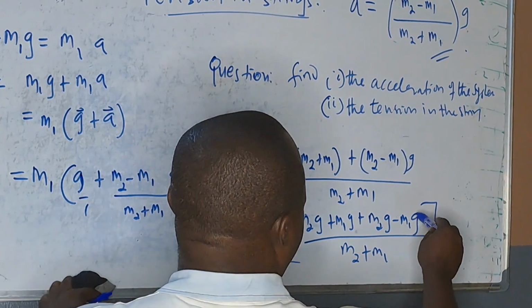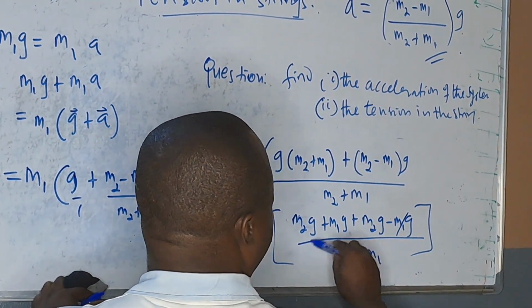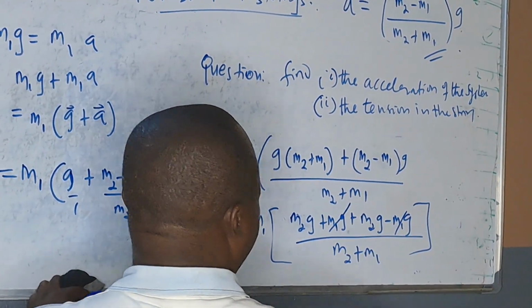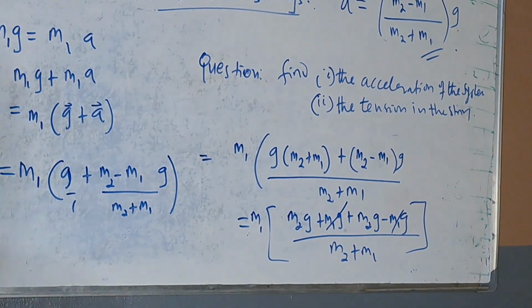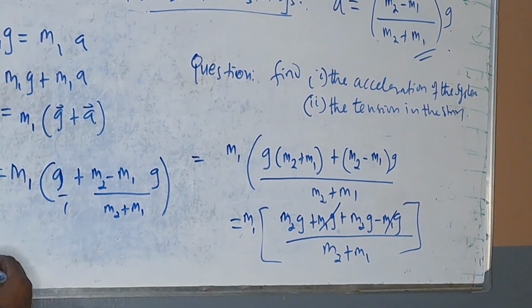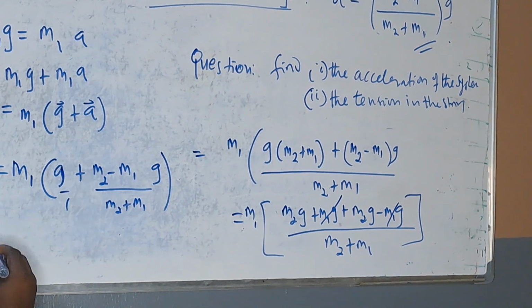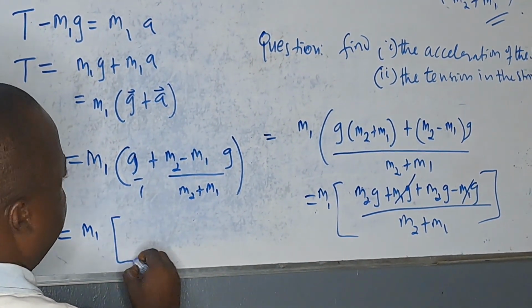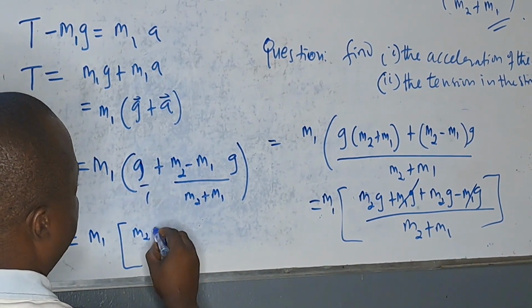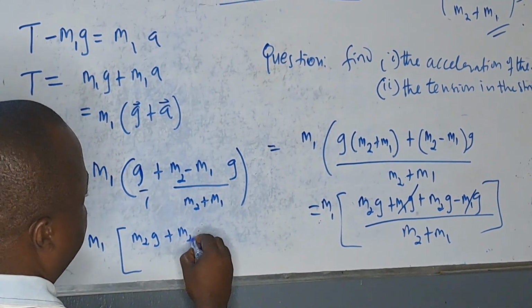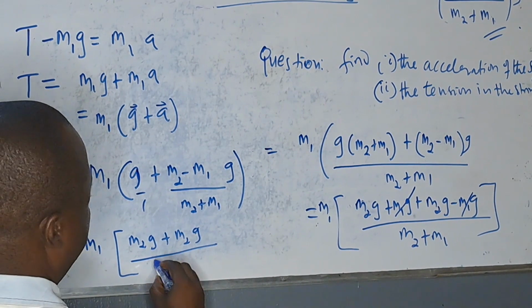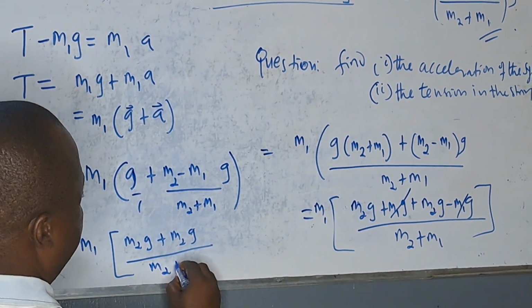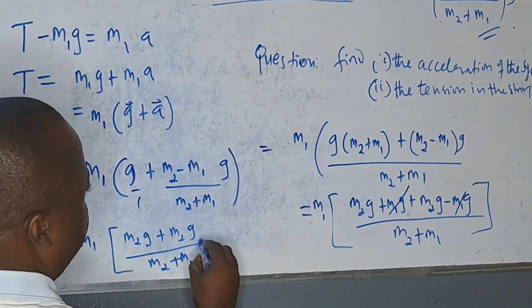So M1G cancels M1G. So we have M1 into M2G plus M2G all over M2 plus M1.